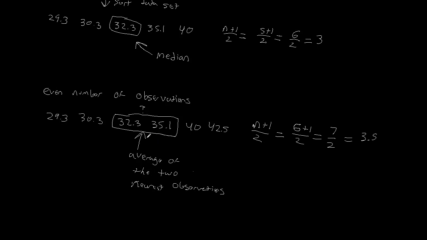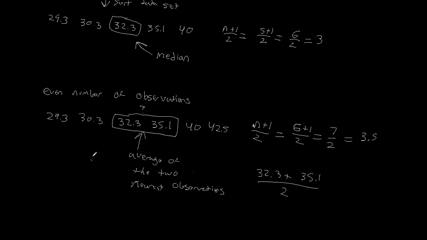This is why it was important that we learned the mean first, because now we have to take the average of 32.3 plus 35.1 over 2. That's the average of these two numbers.